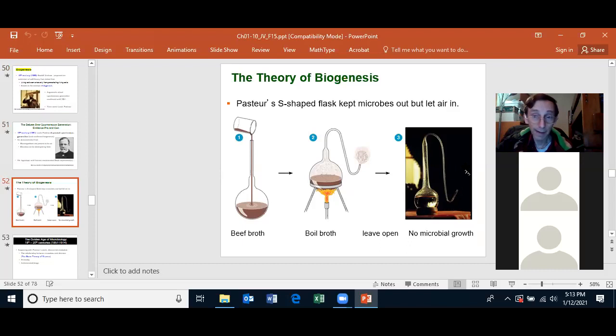And because this flask was open to the air, the vital forces that were important for creating spontaneous generation could get into the flask. But the microbes did not. And so he was able to show that spontaneous generation of microorganisms did not occur.